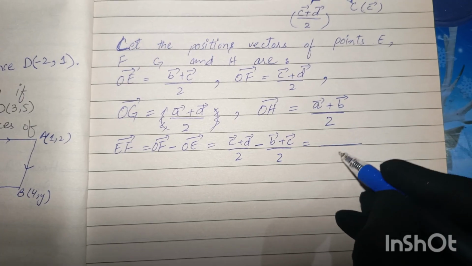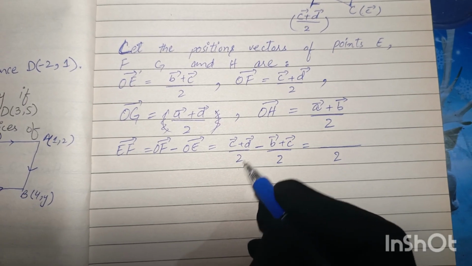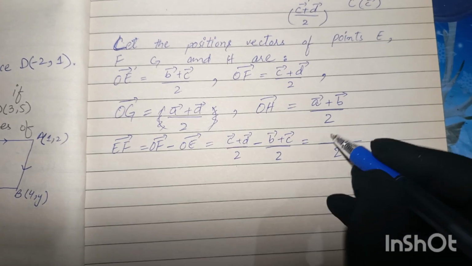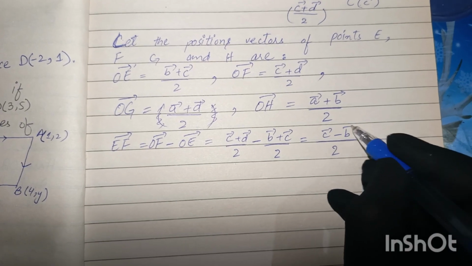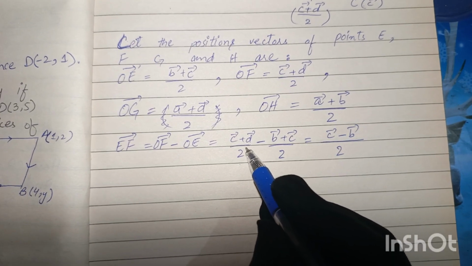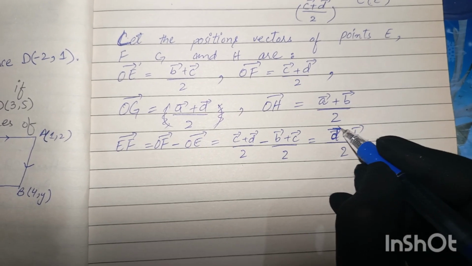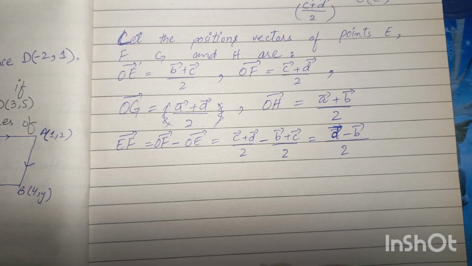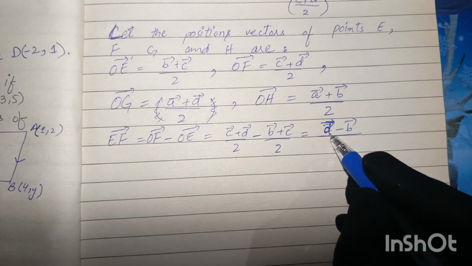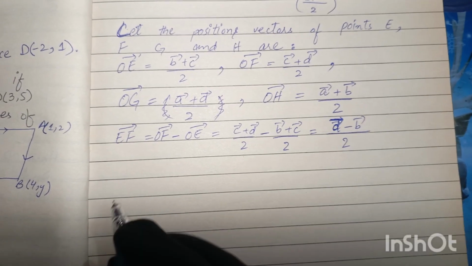So after simplification we get C by 2, D by 2, so C minus B divided by 2, D minus B divided by 2. C by 2 and C by 2 will be cancelled out, so it is (D minus B) divided by 2.